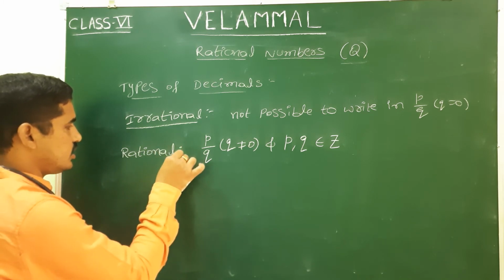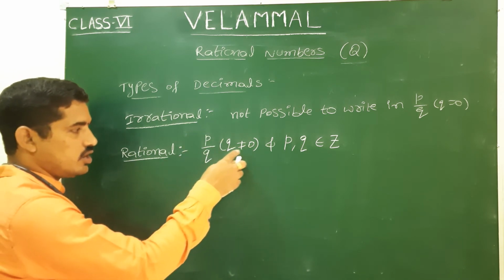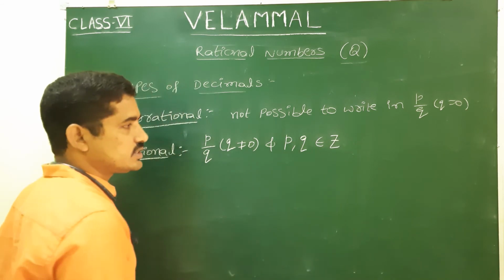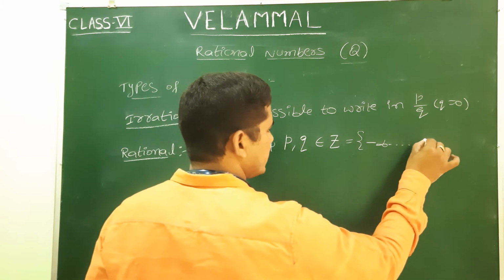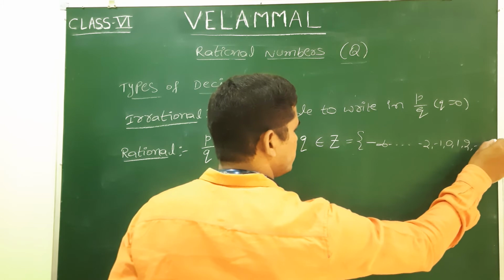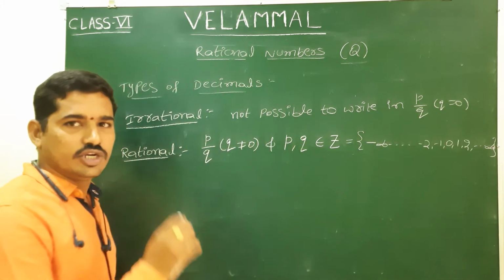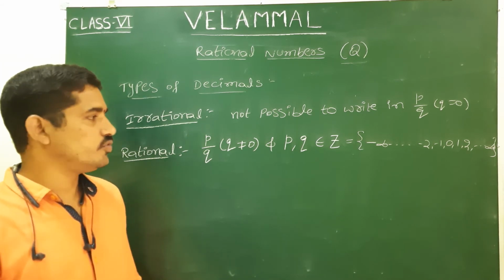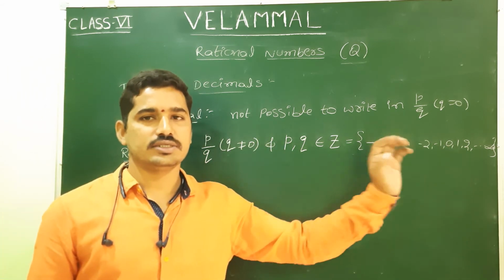A rational number must be in the p by q form, the denominator should not be equal to 0, and p and q must be integers. Integers are nothing but minus infinity to minus 2, minus 1, 0, 1, 2 and up to infinity. It should not be a decimal and it should not be a fraction. Only p and q must be integers.